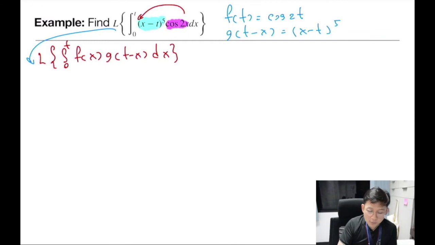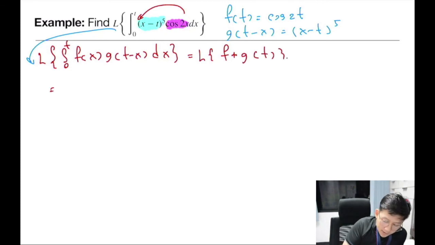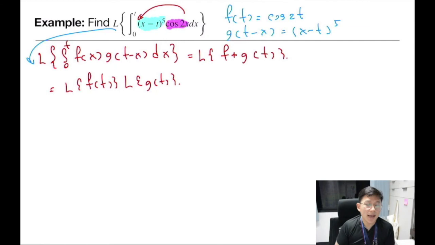That would be the Laplace transform of the convolution of f and g. In that case, it would be Laplace transform of f(t) times Laplace transform of g(t). And what is Laplace transform of f(t)?